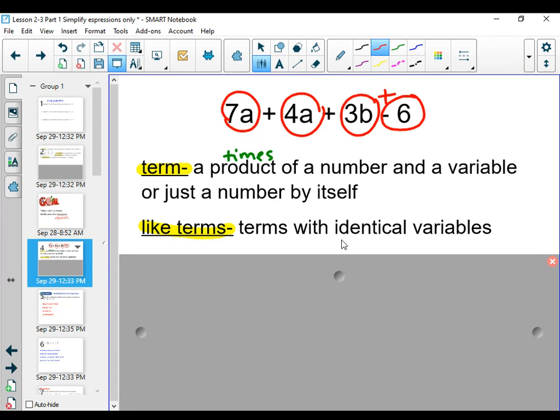In this particular expression, I do think they are like terms. I see 7a and 4a. That would count as like terms. Pause when you need.